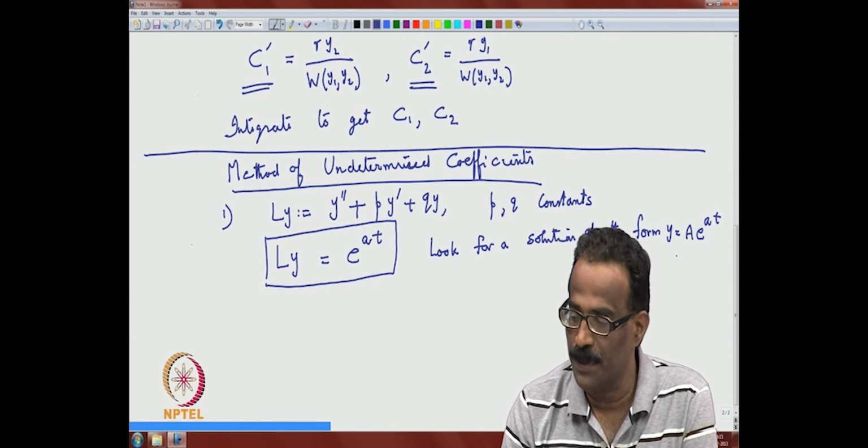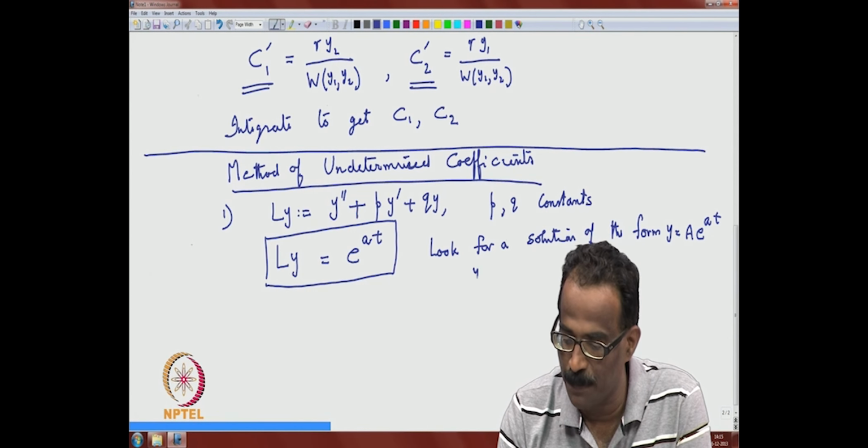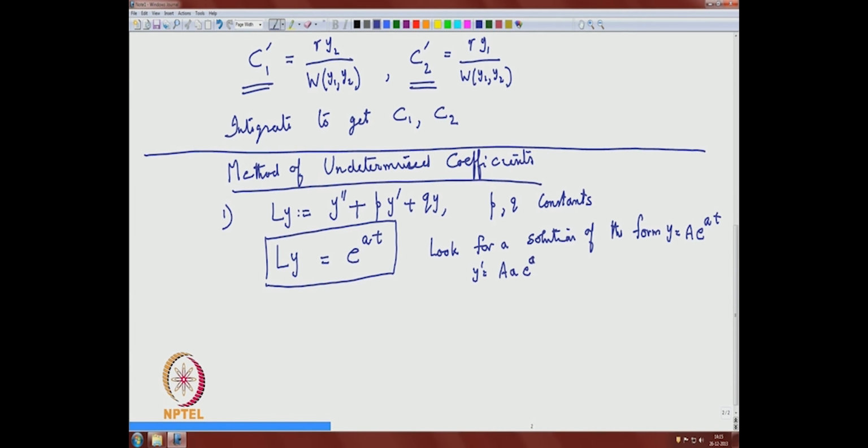So, if you compute y prime, you will have y prime is equal to A a e power at, y double prime is equal to A a square e power at.